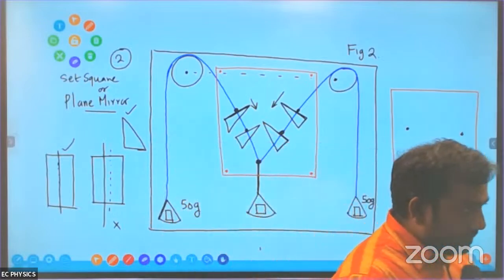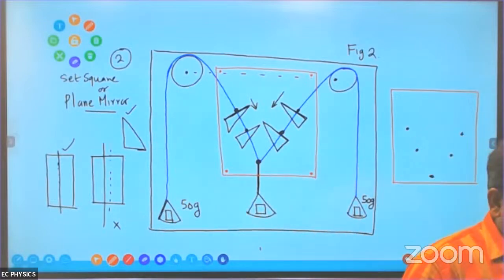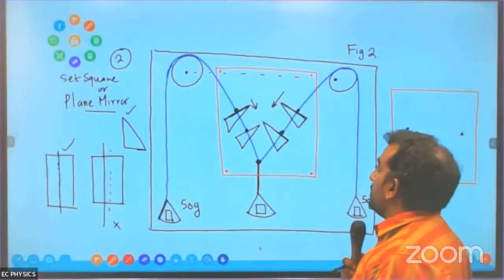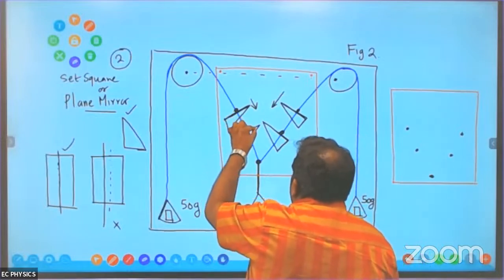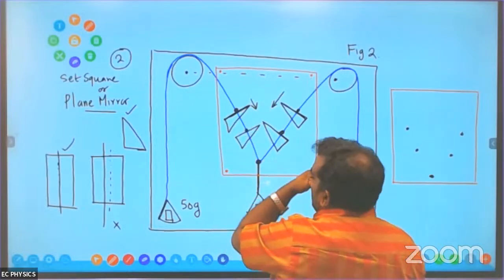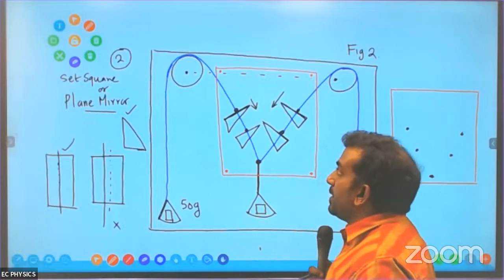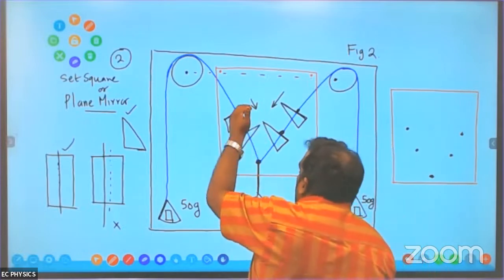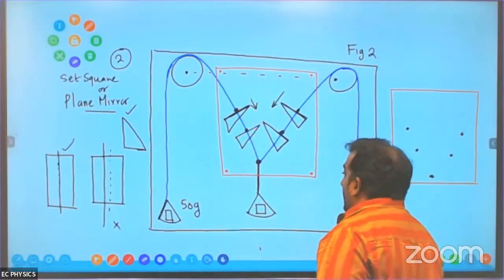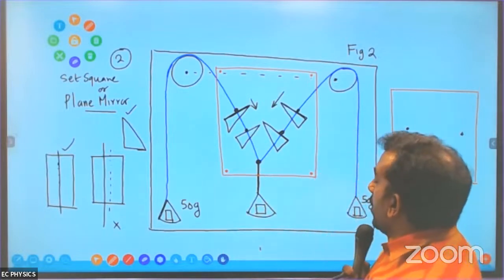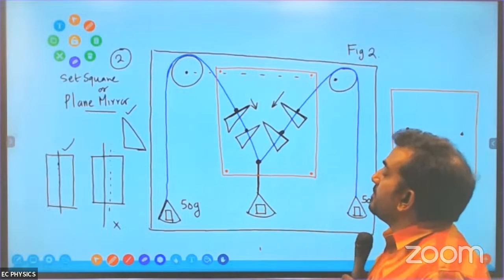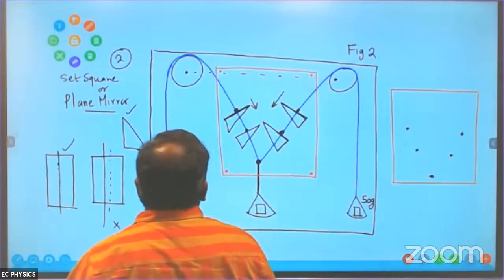And we project 2 points while moving the set square on the string segment.